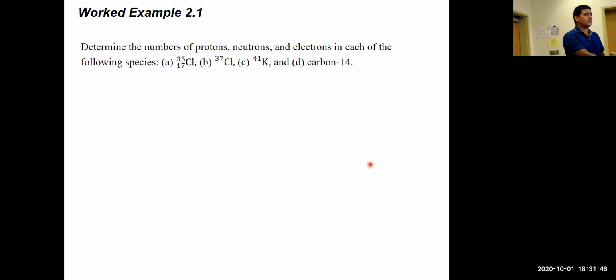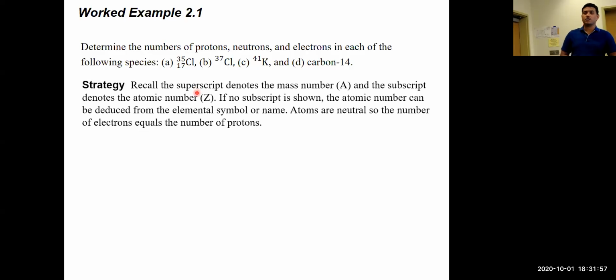The problem is asking, determine the number of protons, neutrons, and electrons in each of the following species. Let's go one by one. The strategy is to use the formula that says mass number A is equal to number of protons Z plus neutrons.